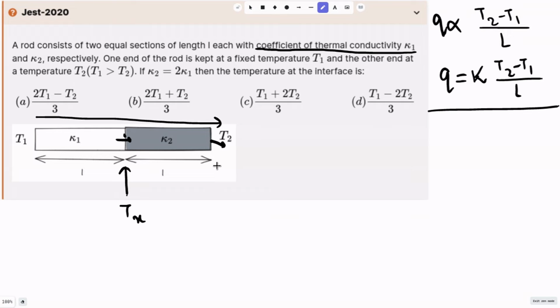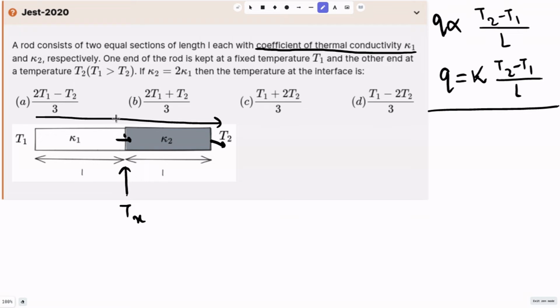We'll be using that property. It follows from the conservation of energy: energy can neither be created nor destroyed. So if 5 joules of energy comes here, the area is same, per unit time, 5 joules have to leave every second.